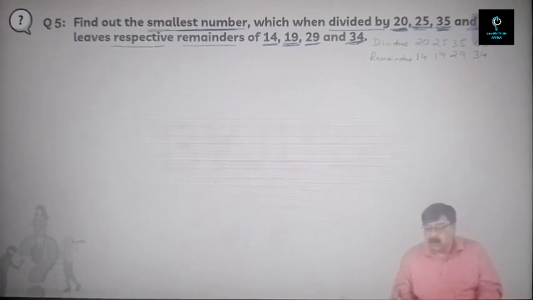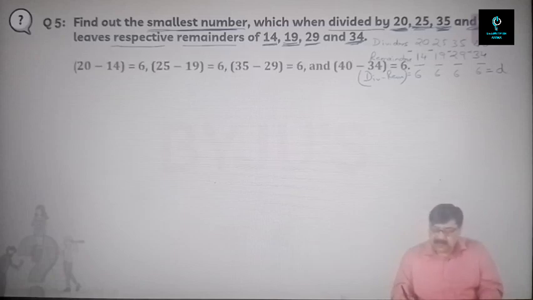Now a careful look will show you that 20 minus 14 is 6, 25 minus 19 is 6, 35 minus 29 is 6, 40 minus 34 is 6. So what is this? This is divider minus remainder. This we will name as D, that is the difference between the divider and the remainder.